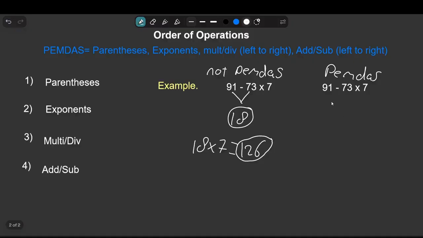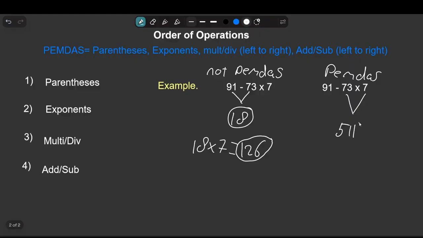So now we're going to do the problem again, but this time we are going to use the order of operations. With the order of operations, we can see the multiplication or the division comes before the addition or the subtraction. So in this case, we have to do 73 times 7 first. 73 times 7 will be a very big number, but don't be scared.